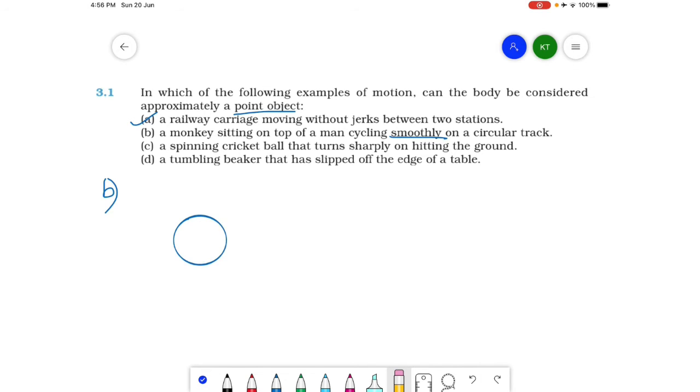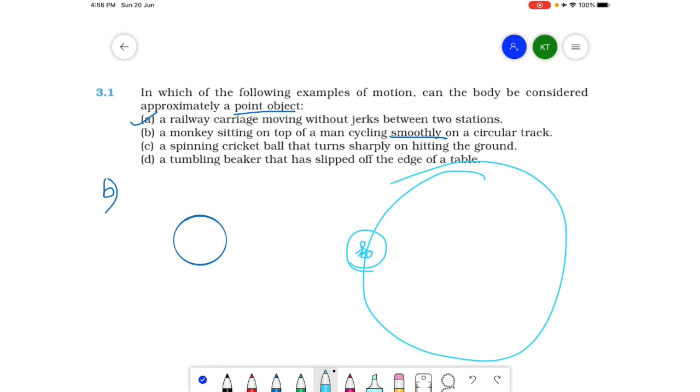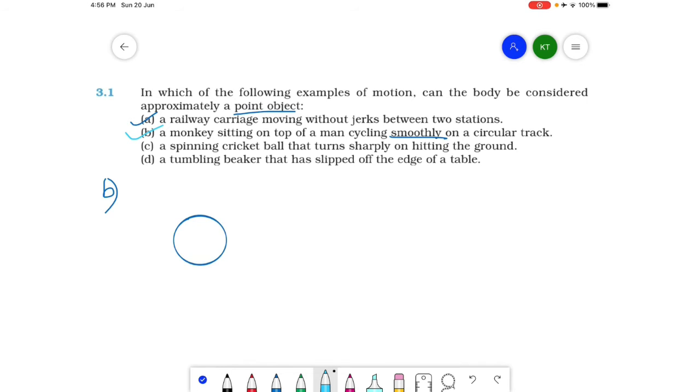It means that they are point objects because the distance is extremely large. We've got the man and the cycle here, with the monkey on top of this man. It becomes like a point object because the distance here is large. If it's a smooth travel, the distance traveled will be large. So this is also a point object.